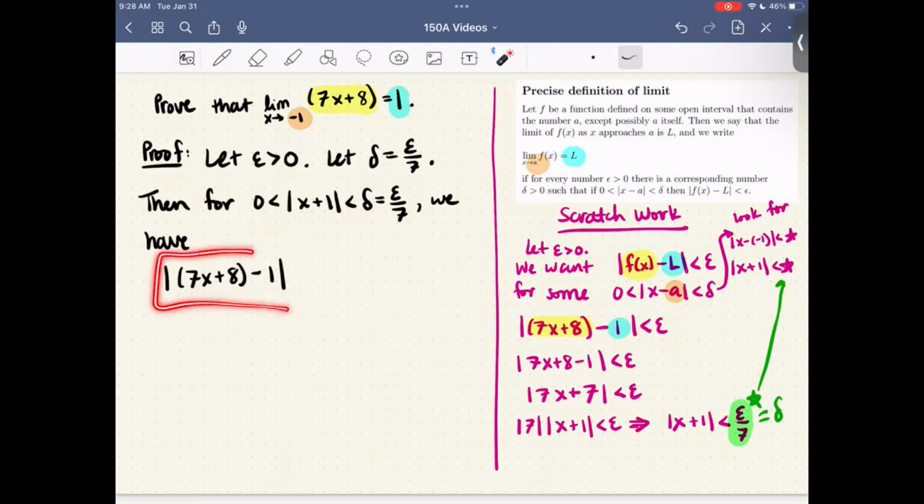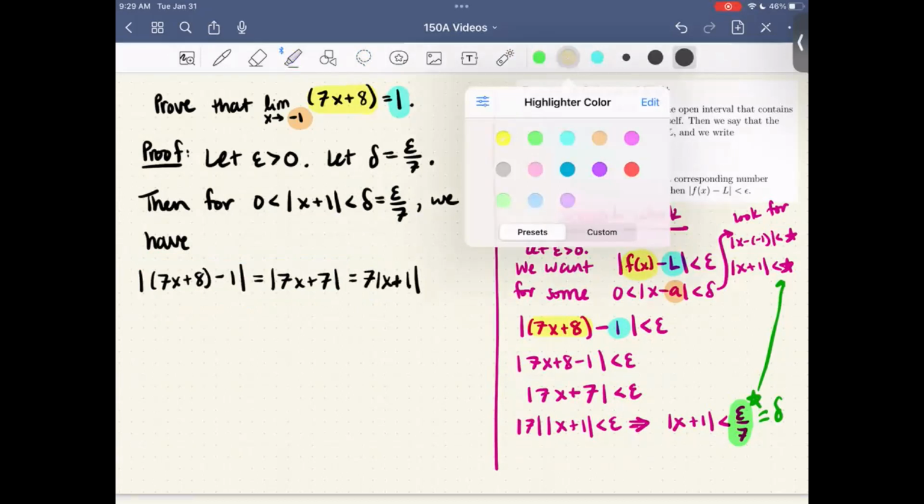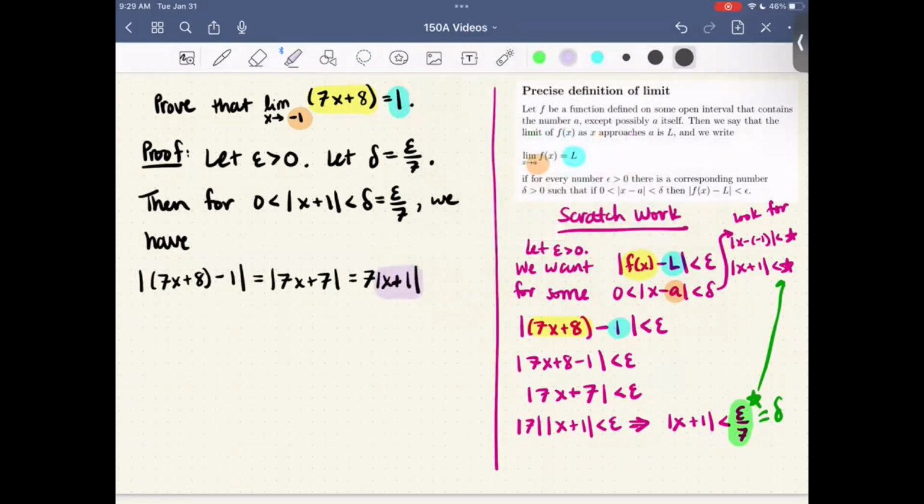Well, I can say that this quantity is equal to |7x + 7|. Let me make this a little bit smaller because I'm going to run out of room here. And that's equal to 7 times the absolute value of x plus 1. Now I see I have this x plus 1 here. What I know about x values in this region is that they are less than delta, which in this case is epsilon over 7.